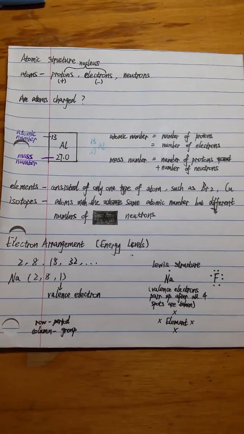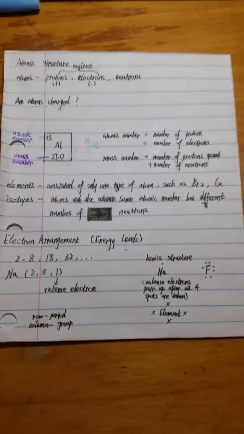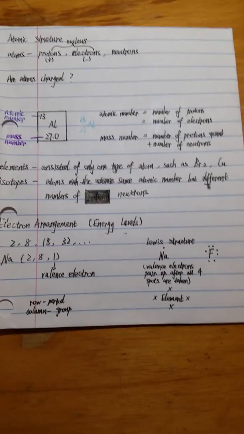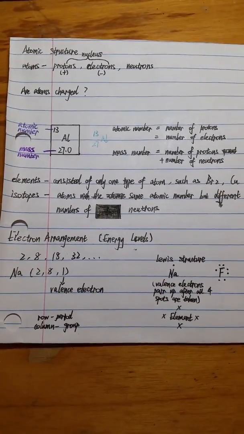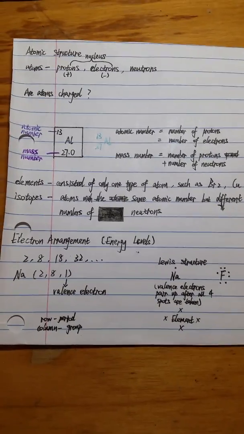Polyatomic ions are those with more than two atoms in them, with an overall charge, such as OH minus, the hydroxide ion.